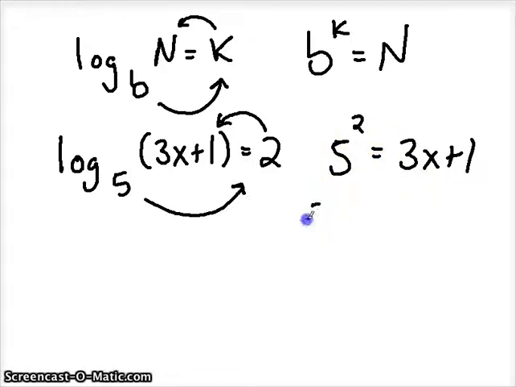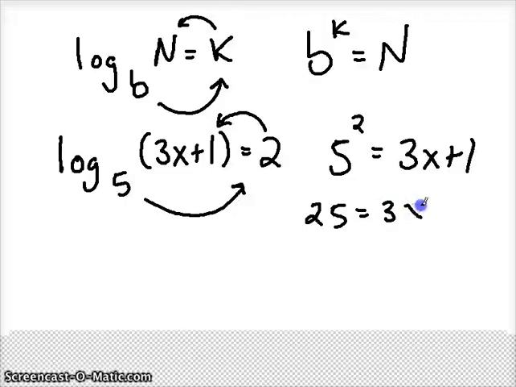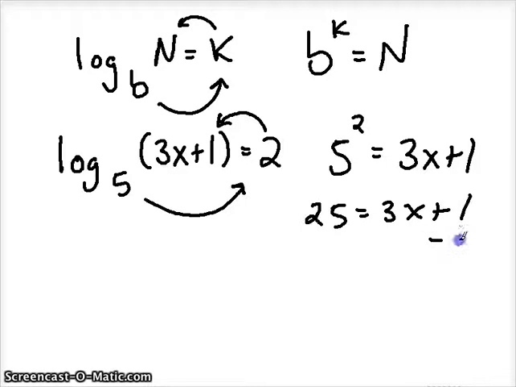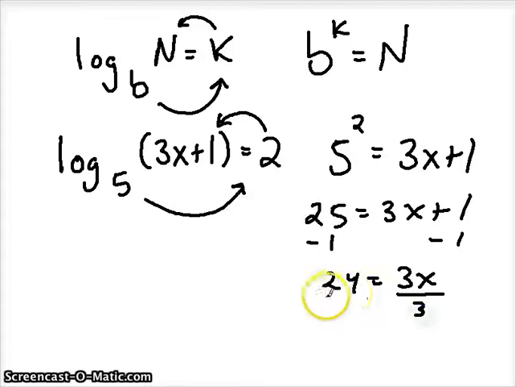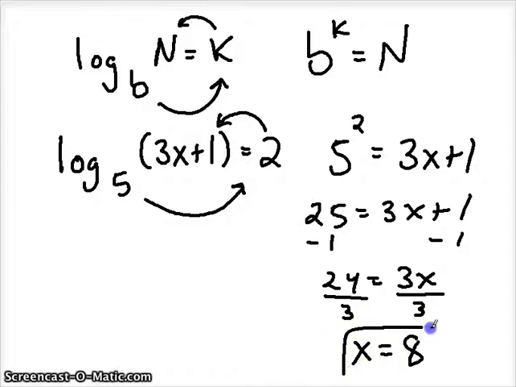So 5 squared is 25. And then when we solve for x, we're going to subtract 1 and divide by 3. So we get x is 8. And if we substitute and rewrite that, our expression looks like this.